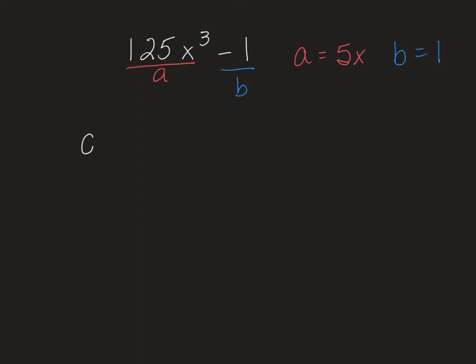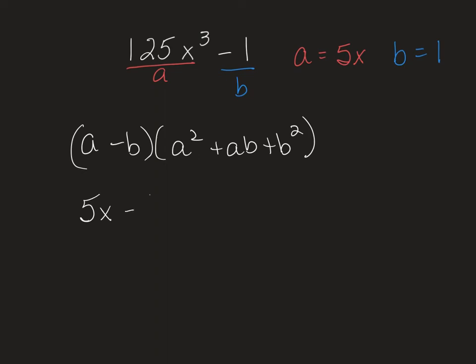And then you're going to plug it in. Again, following the pattern, a minus b, and then a squared plus ab plus b squared. So let's try to speed the process up a little bit. This is going to be 5x minus 1.